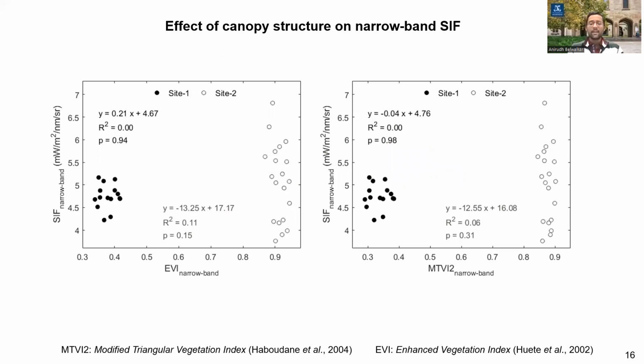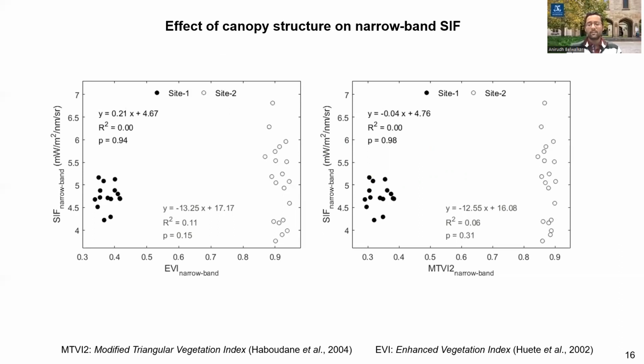And finally, we compared narrowband SIF against vegetation indices, EVI and MTVI2, which serve as a proxy for canopy structure, to evaluate if the narrowband SIF is driven by changes in canopy structure caused by nutrient variability.